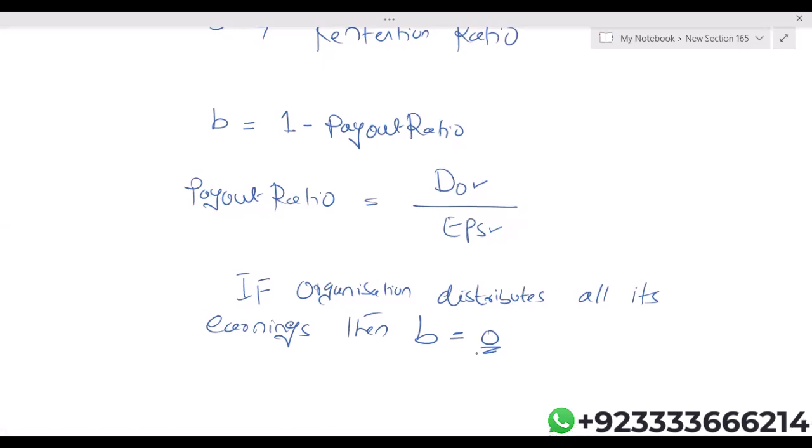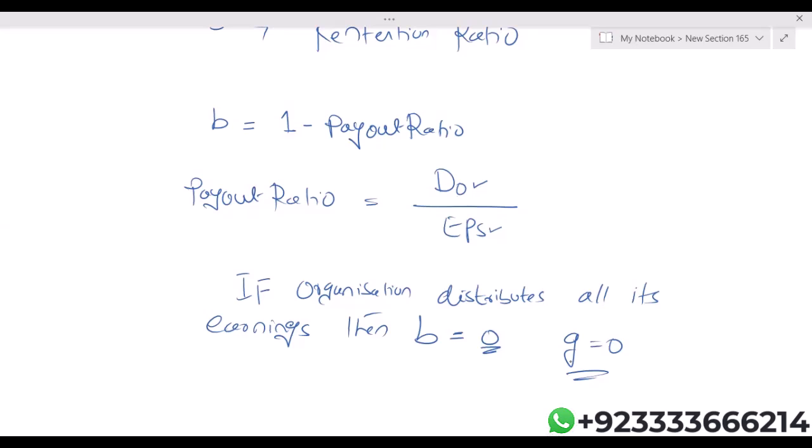Now listen, students, carefully. When the retention ratio is 0, then g is equal to 0. There will be no annual dividend growth rate because there is no retention. Logically, when you reinvest and from that investment you earn more returns, that increases your ability to give more dividend.